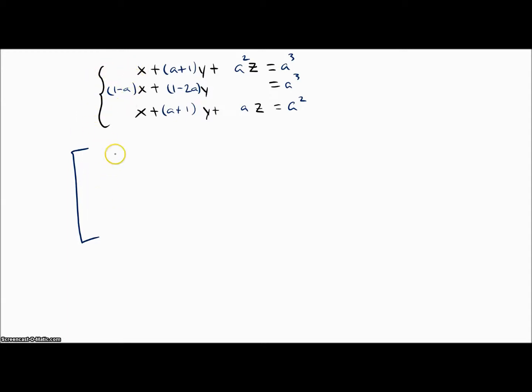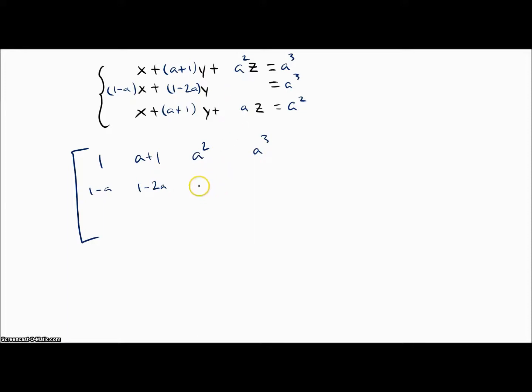So the coefficient of x is 1. The coefficient of y is a plus 1. The coefficient of z is a squared. And the answer, or what's on the other side of the equation, is a cubed. So now I'm on the second equation. That coefficient is 1 minus a. And then the next one is 1 minus 2a.